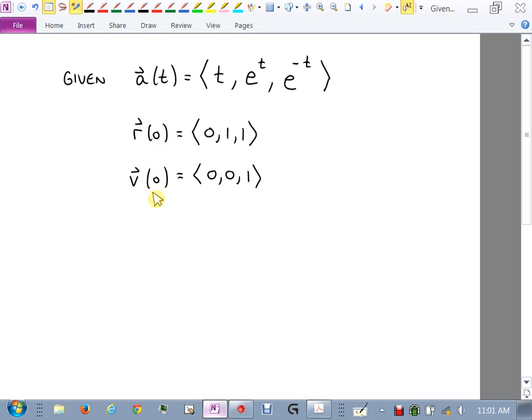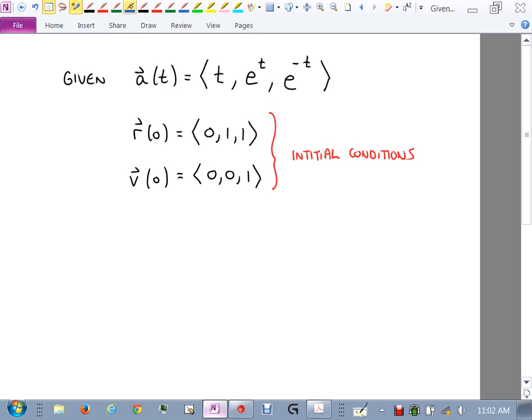And I also know the velocity of this thing at one point in time. I don't know if you remember from Cal 2, these were called initial conditions. This is what was happening at the very beginning, right? At time 0, this is where it was and how fast it was going, velocity-wise.